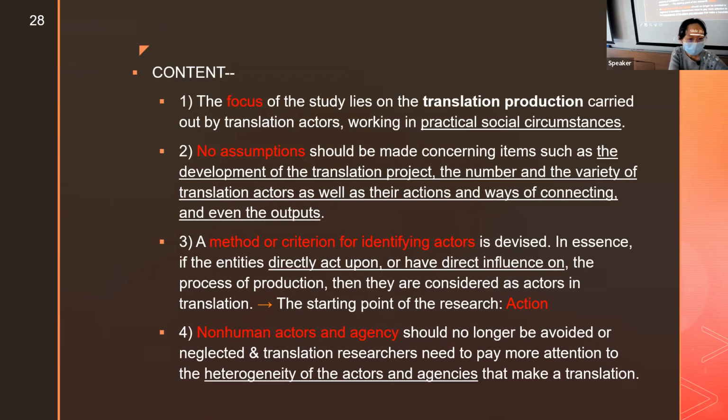I think non-human actors and agencies should be studied as translation actors, and discussed in the same terms and in an equal way to human actors, just like ANT theorists who emphasize the heterogeneity of elements that make the society, and translation researchers need also to pay more attention to the heterogeneity of translation actors.